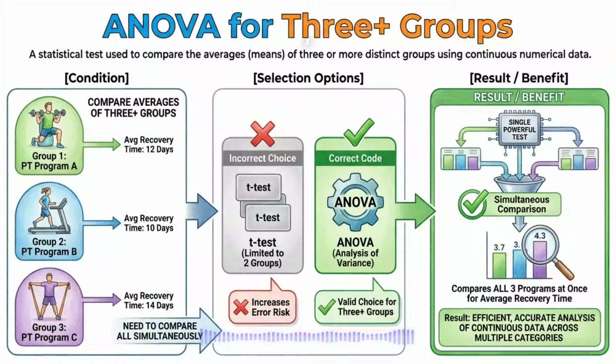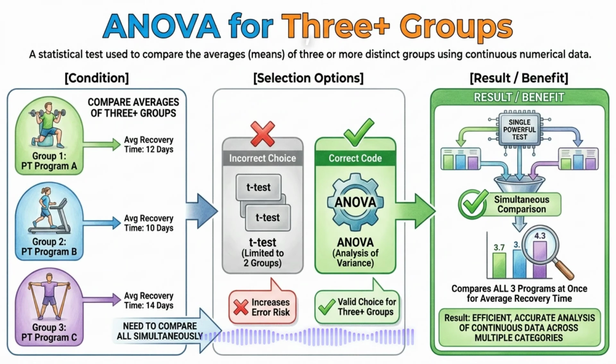If you need to compare the averages of 3 or more different groups at the same time, the t-test is no longer appropriate, and you must use an analysis of variance, commonly called ANOVA. Imagine a hospital wants to compare the average recovery time of patients using 3 entirely different physical therapy programs.